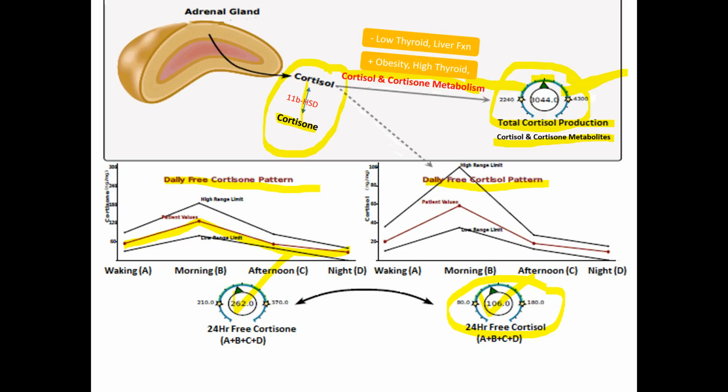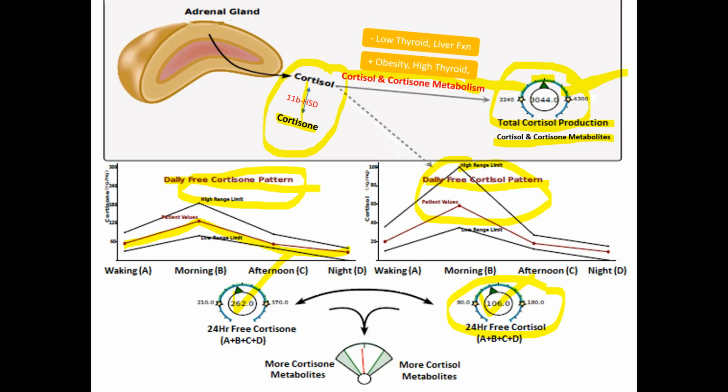So we're looking at free cortisol over time, the total of production, and then another thing that we can look at is, in the overall scheme of things, which one is predominating, the active cortisol or the inactive cortisone. And while it's intuitive to look at the free pattern to deduce whether that's favoring one way or the other, the scientific literature would suggest that the better way to ask that question is to look at the metabolites, because again, they represent so much larger a fraction of the total for cortisol and the total for cortisone.